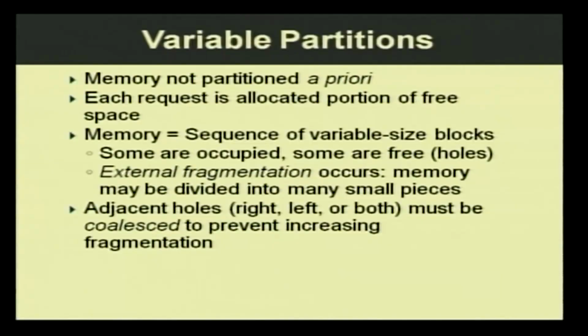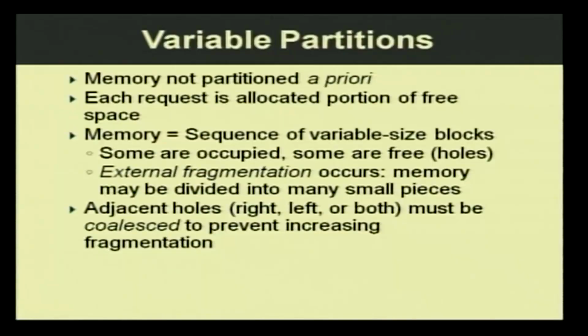There is another variation in partitioning called variable partitioning. In variable partitioning, the memory is not partitioned prior to the loading of data or a process inside the memory. Only at the demand of loading is the memory partitioned. That is, each request is allocated a portion of memory out of the free space available.